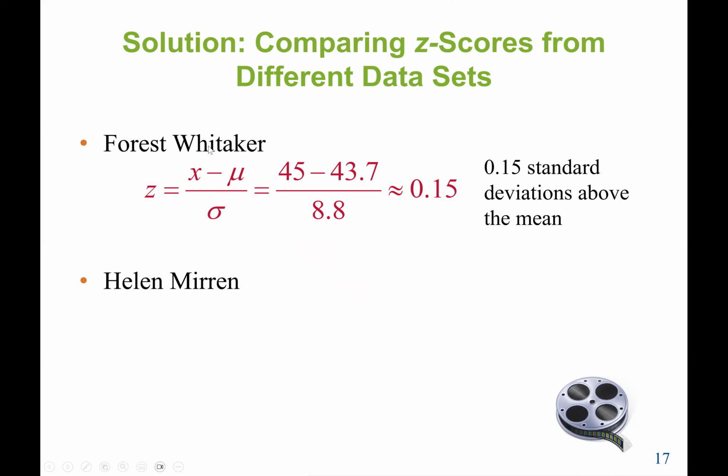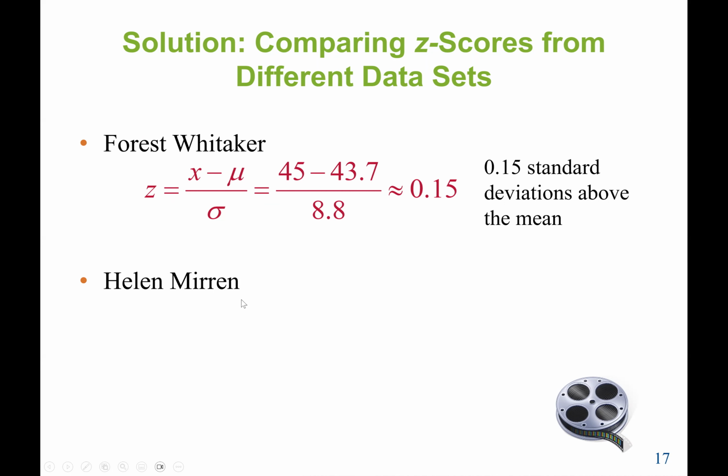So here we know Forest Whitaker is an actor, and his age is 45. The average age for all the actors is 43.7, and the standard deviation is 8.8. So the Z-score gives us 0.15. This means 0.15 standard deviations above the mean.